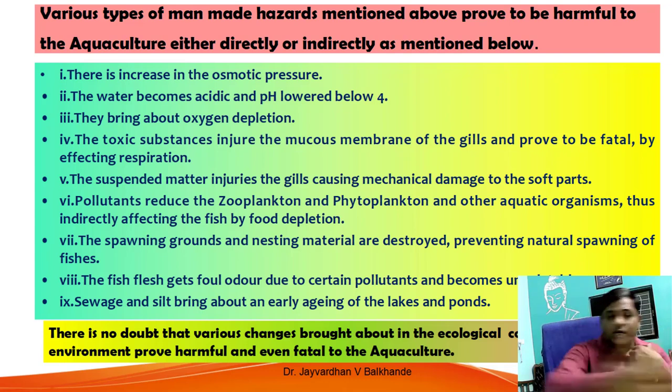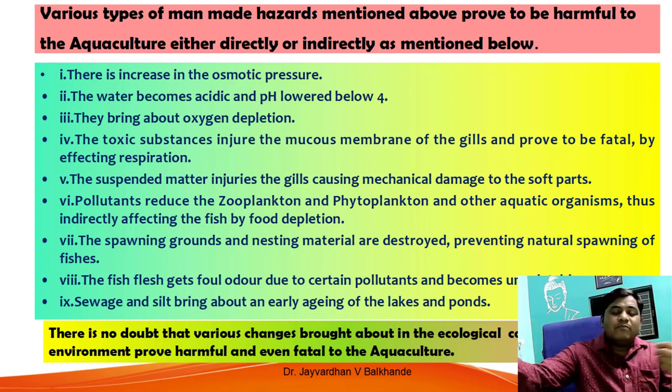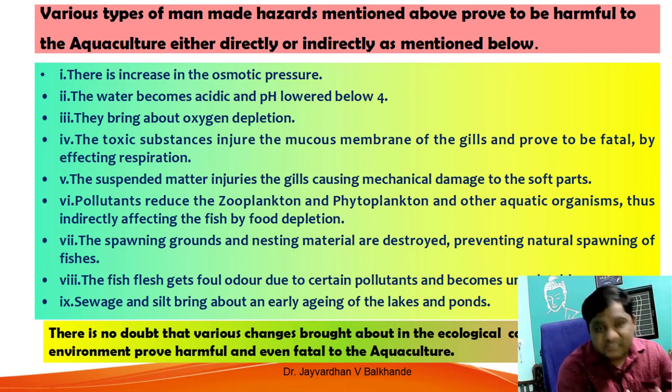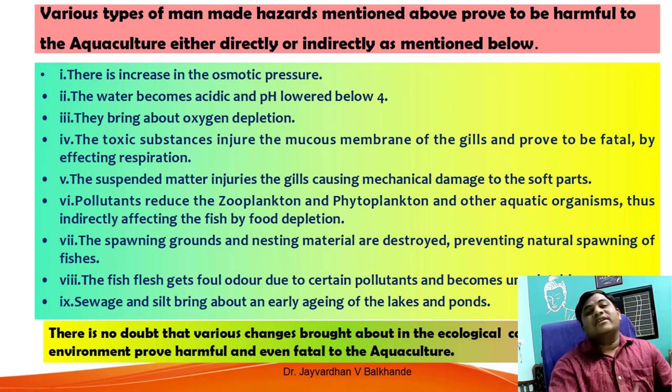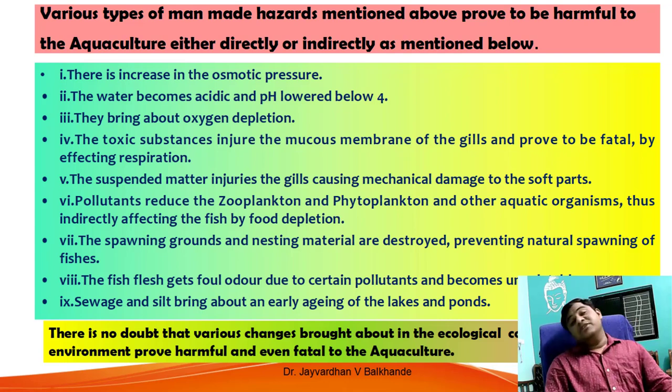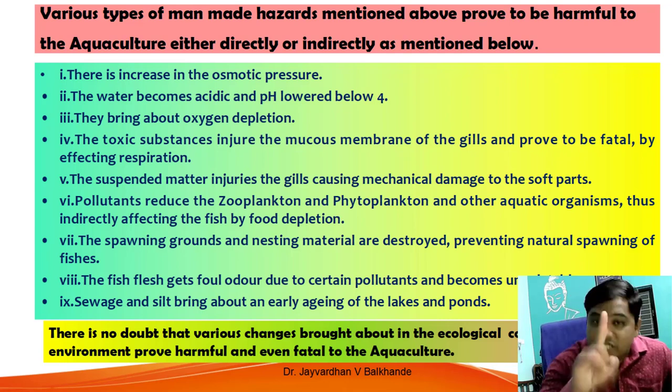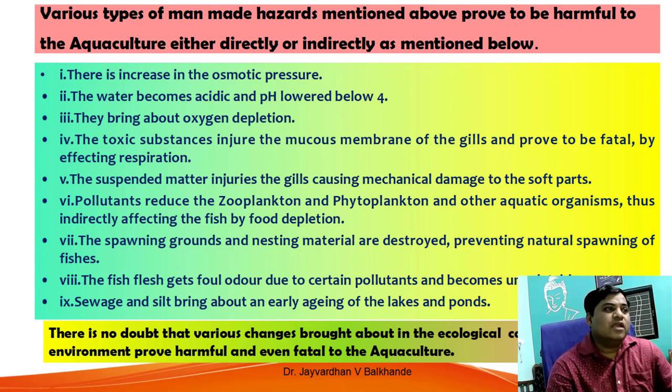No doubt, all man-made hazards, it may be domestic sewage, agricultural sewage, or industrial effluent, all affect oxygen depletion, means they decrease the dissolved oxygen in the water body. Okay, then the toxic substances injure the mucous membrane of gills and prove to be fatal by defective respiration.